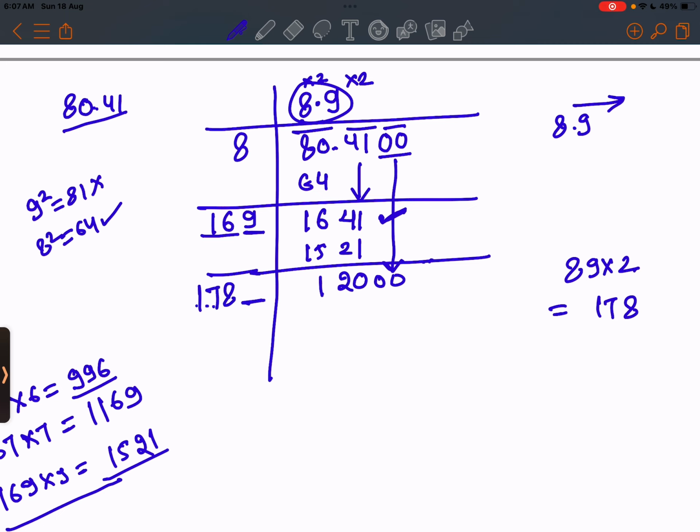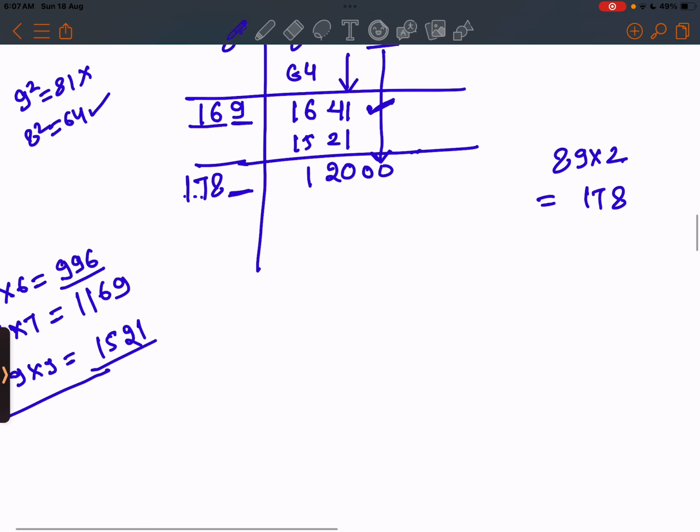We have to think about which number comes at this place, so we have to hit and try.